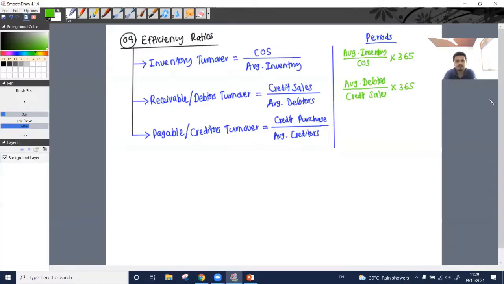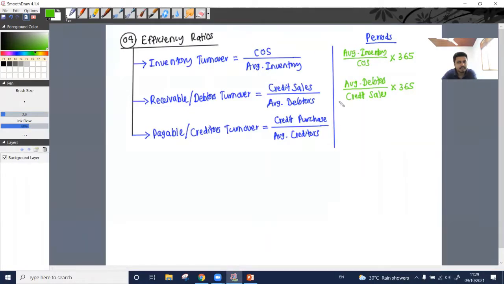So what is the idea behind this collection period? This is the debtors collection period. What we get is in days: 10 days, 12 days, 13 days, likewise we will get something in days. So what does the answer imply?